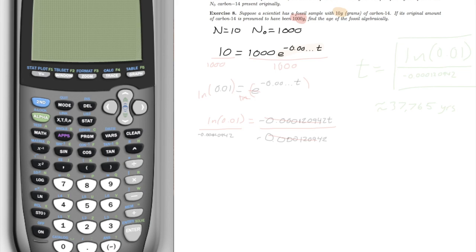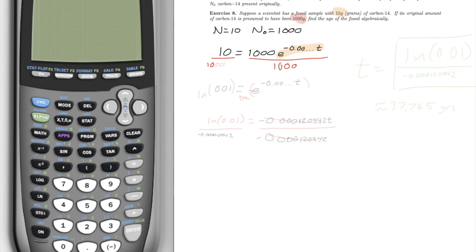Alright, now we've got an exponential equation set up here. We want to isolate e and its power. So, what should we do? Well, the only problem right now is that 1,000, so if we divide both sides by 1,000, our equation would look a little bit better.